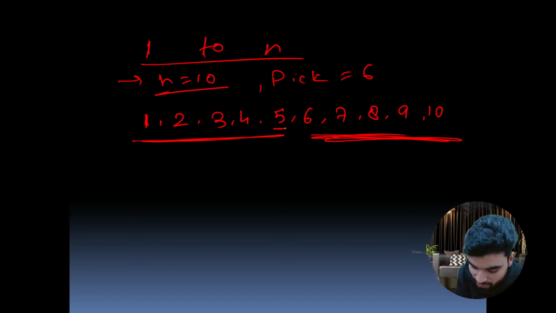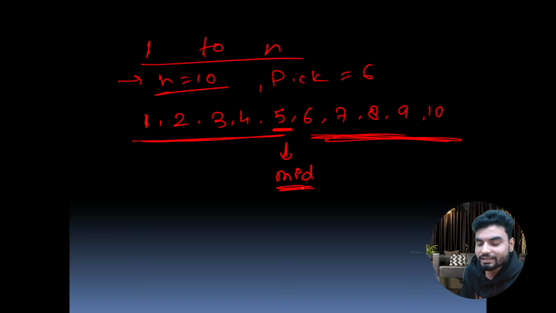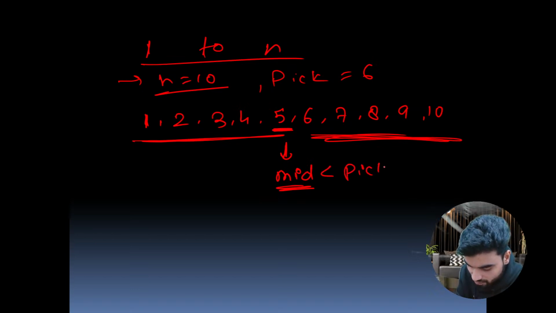I'm assuming as of now mid is 5. So now I'm applying the logic of binary search. This is mid, and I will check if this mid is less than the pick, which as of now is 6, right? If mid is less than the pick, will you search again in this range?